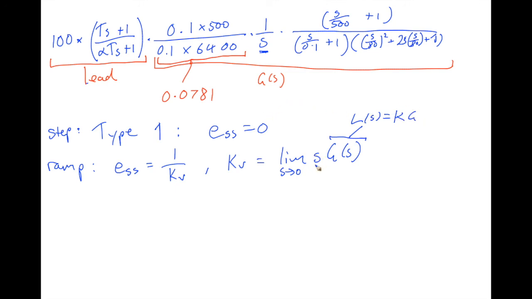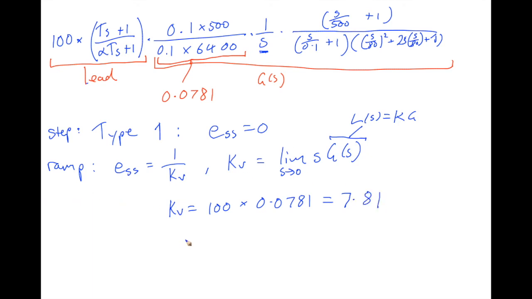So the s here is going to cancel this s, and if we're looking now as s goes to 0, then all of this becomes 1, all of this becomes 1. So actually we're just going to end up with Kv equals 100 times 0.0781, which is of course equal to 7.81.